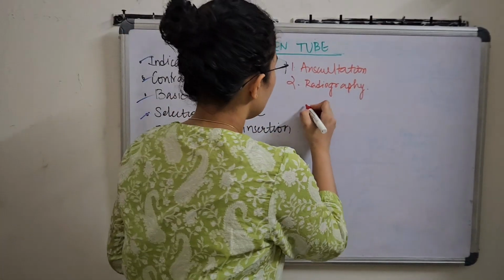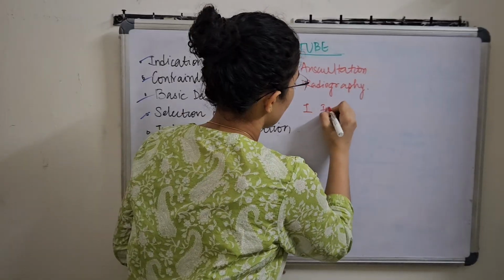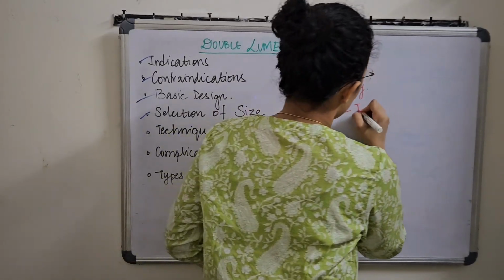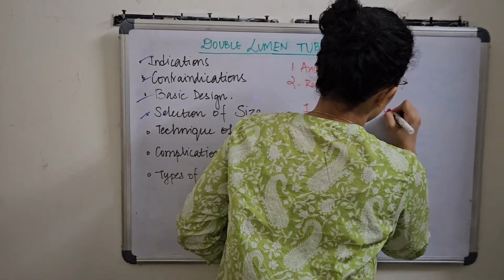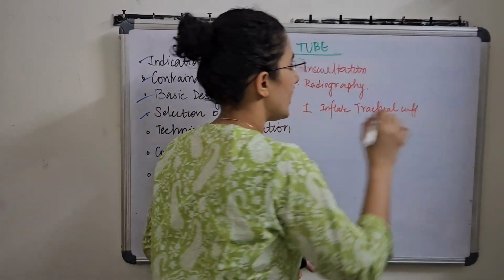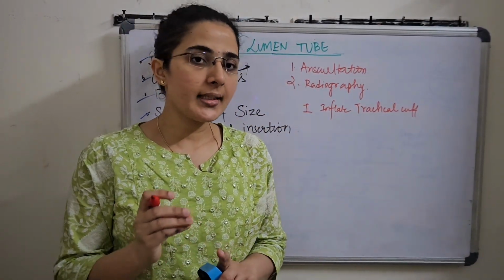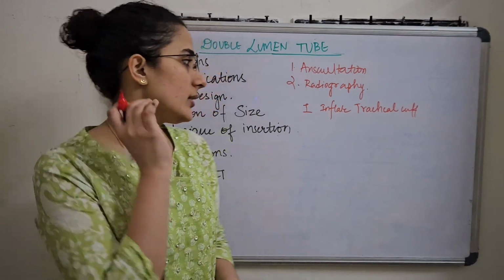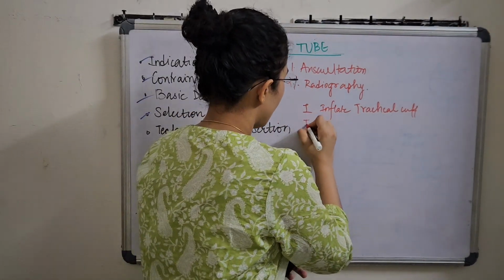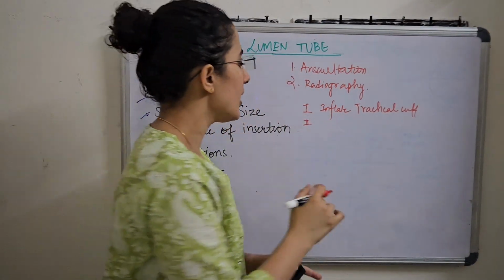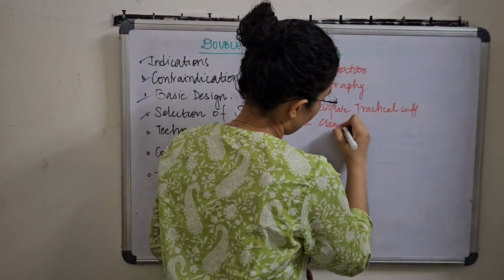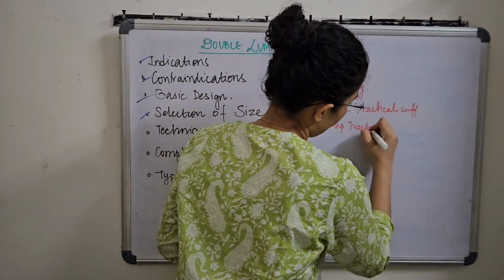Number one, first we inflate the tracheal cuff. Okay. Once the tracheal cuff is inflated, we look for air entry in the bilateral chest fields, and we also see the peak airway pressure. Okay, this is step one. After doing that, step number two will be, we have to clamp the tracheal cuff.